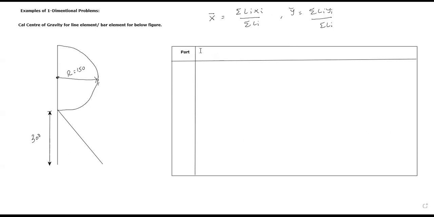So we need to write here length, that is Li.